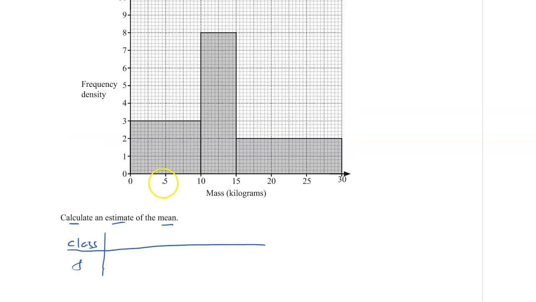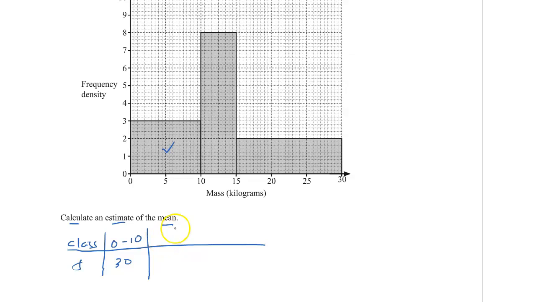So, class between 0 and 10, the frequency is 30. Frequency density 30 there. You look for the area.